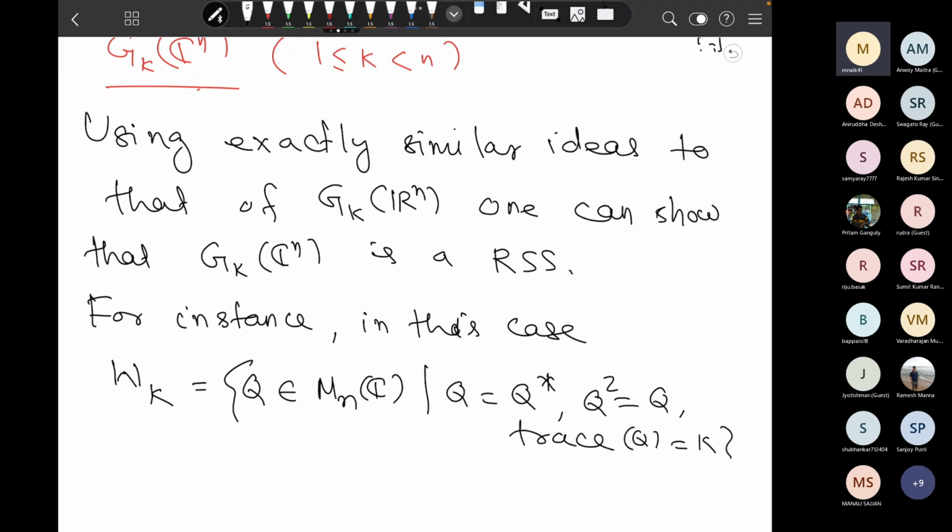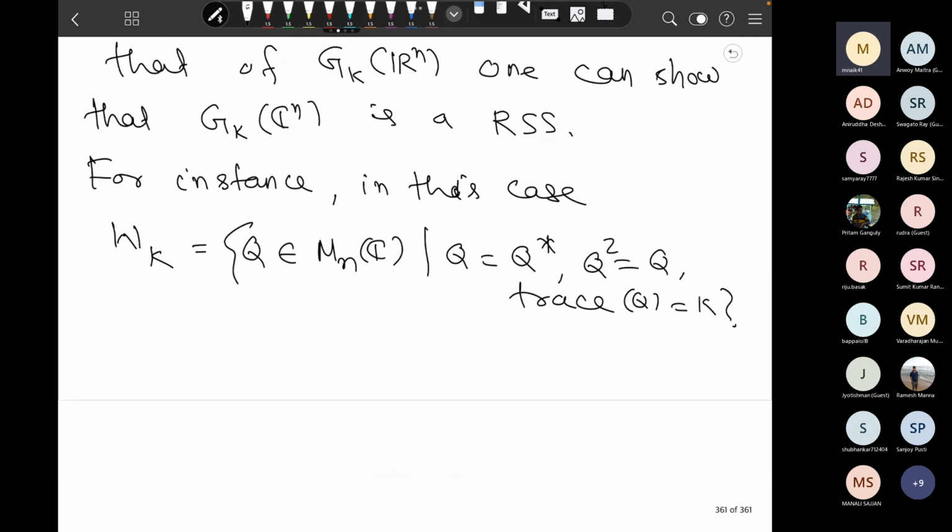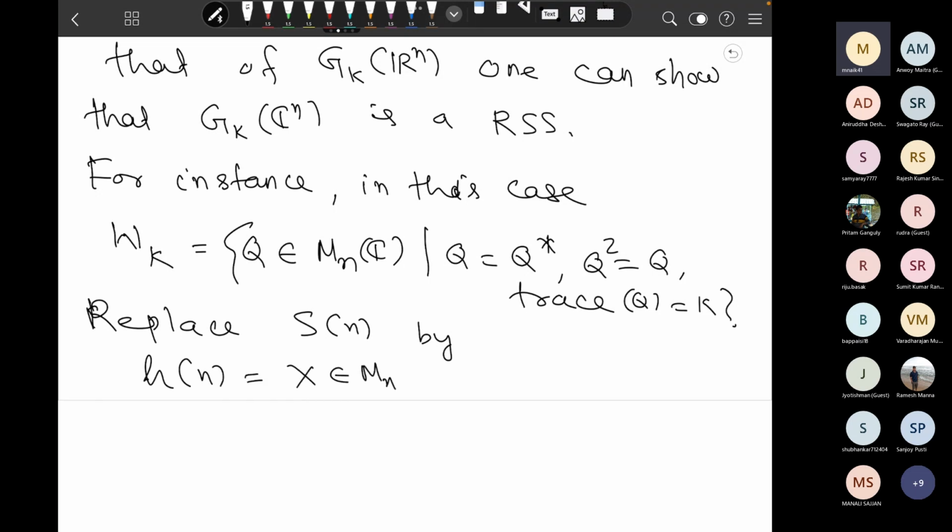And so you replace this Sn by Hn. And what is Hn? It is the set of x belonging to Mn(C) such that x is a Hermitian matrix, so that x is equal to x star.